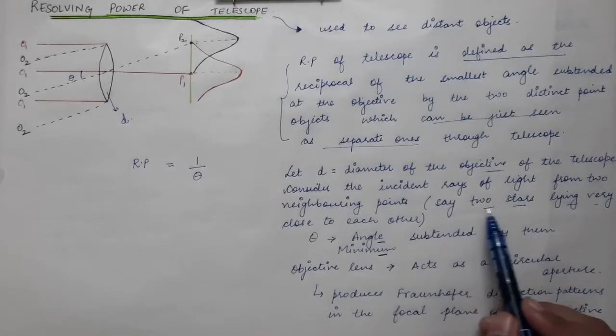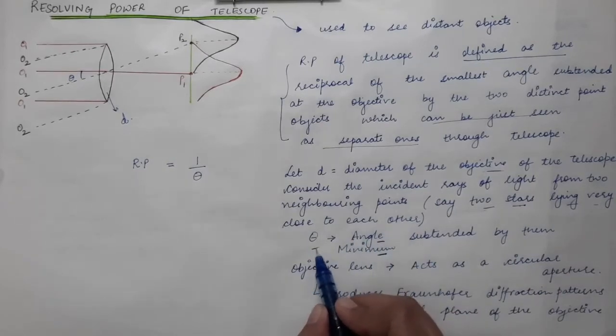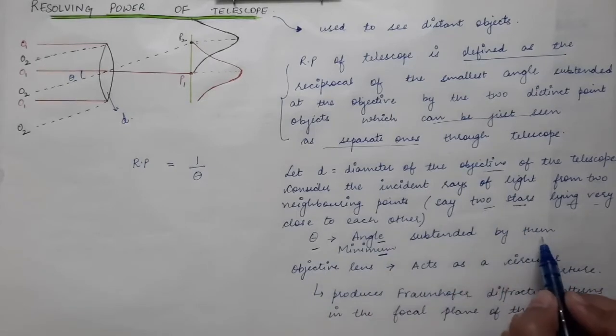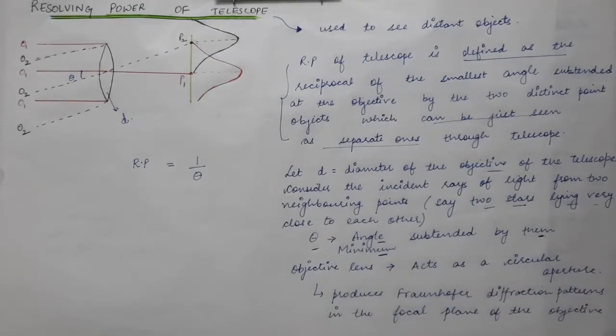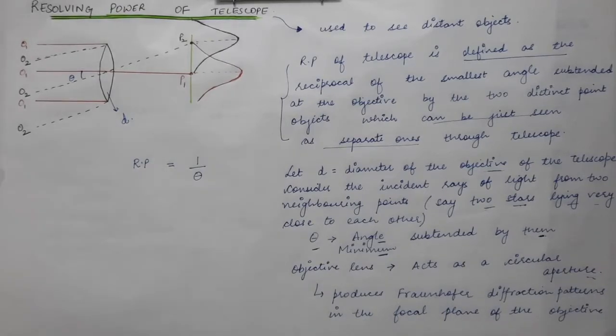So we can view the two stars which are lying very close to each other, and this theta angle is the minimum angle subtended by those two point objects at the objective lens. Now the objective lens acts as a circular aperture and produces Fraunhofer diffraction patterns on the focal plane of the objective lens. This I have already said.